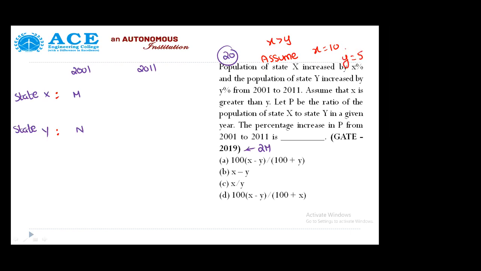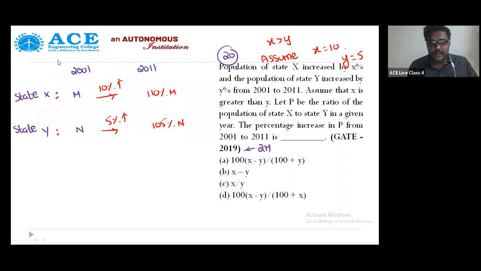You can take x value 20, y value 5 also; it's your choice. Here a 10% increase means 110% of M. So the 2011 state X population is 110% of M. A 5% increase means 105% of N. I assume small x and small y values to do faster calculations, otherwise it will take more time.